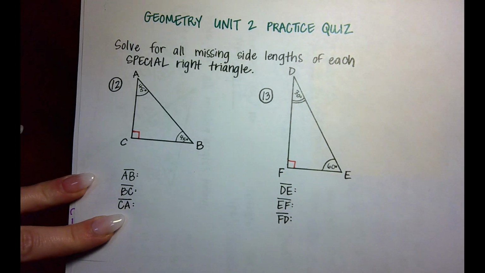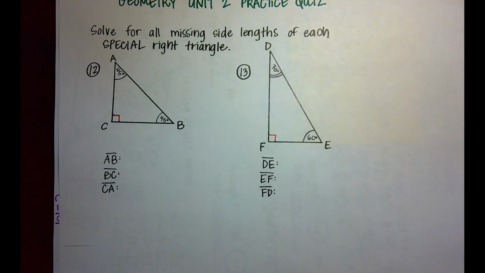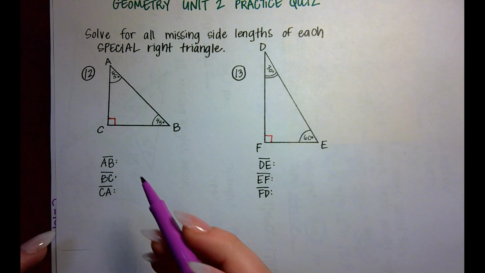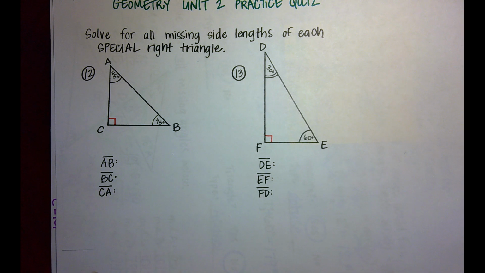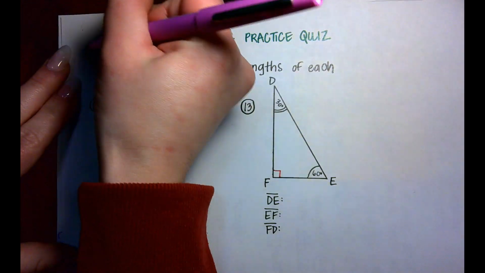It's also not complete, so I'm going to give you some values. For number 12, we have a special right triangle. What kind of triangle is this? Do you remember what we call it? Yes, this is a 45-45-90 triangle.